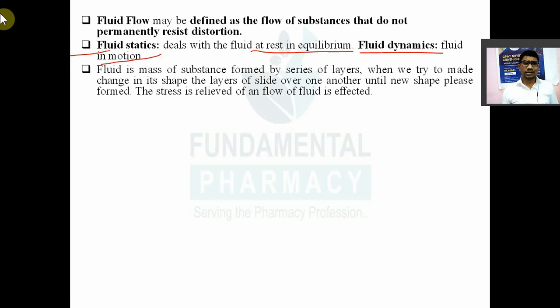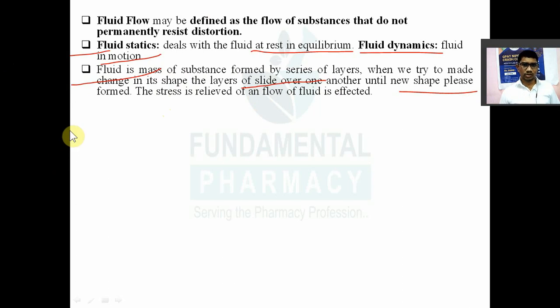Now fluid is nothing but a mass of substance formed by a series of layers, as I have explained. When you try to make any change in its shape by application of certain pressure or force, the layers of that mass will slide over one another until a new shape is formed.